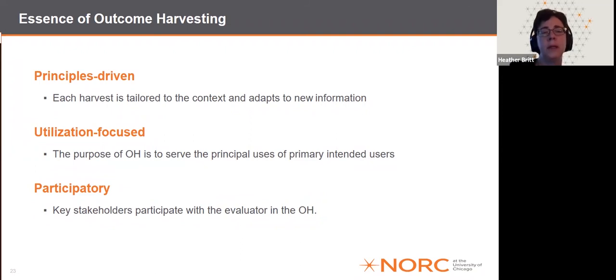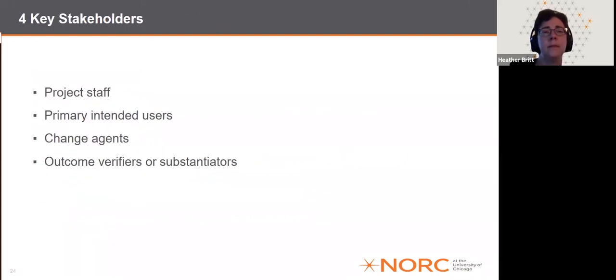And it's a participatory approach. All right, next slide, please. There's 4 key stakeholders that really are involved. When I say participatory, we're talking about the involvement of these 4 key groups. Next slide, please.